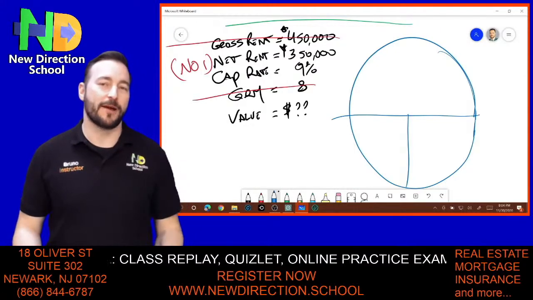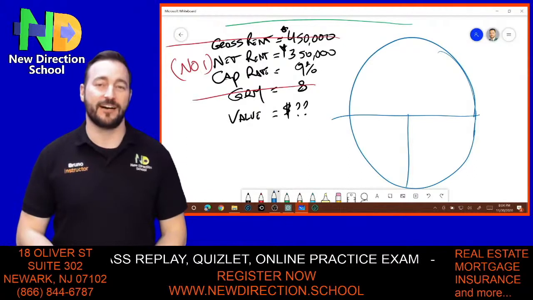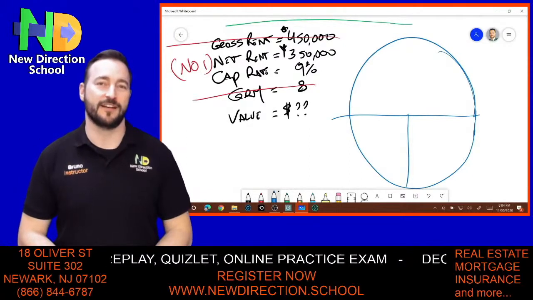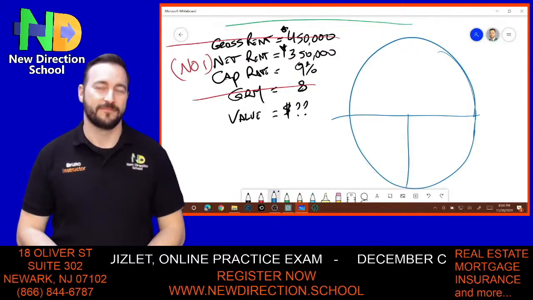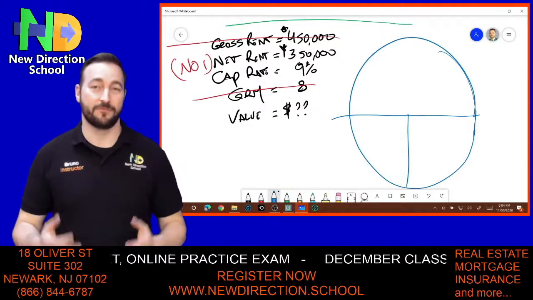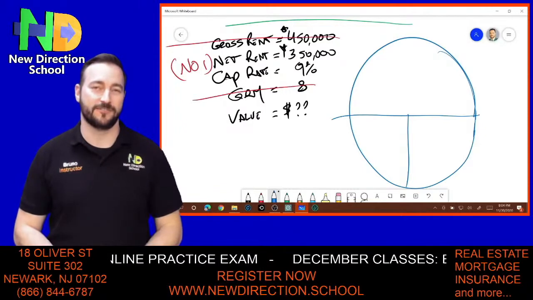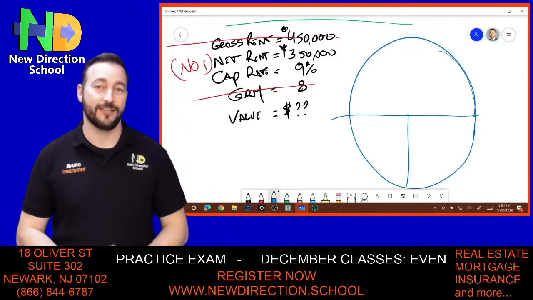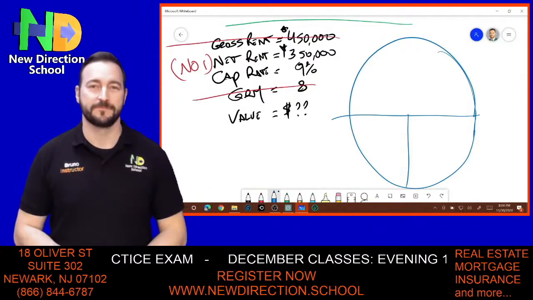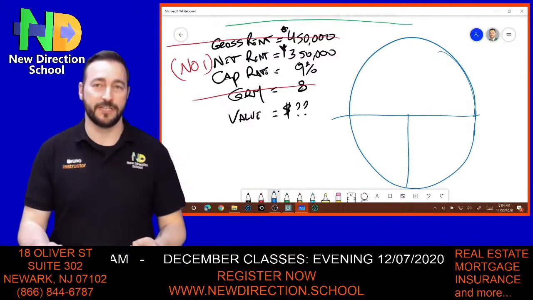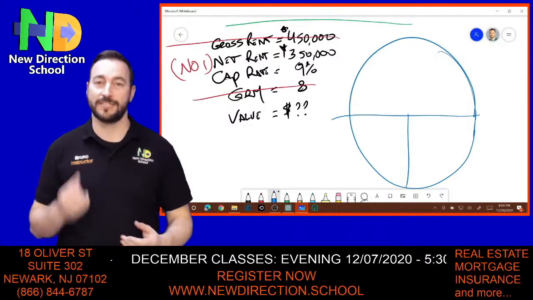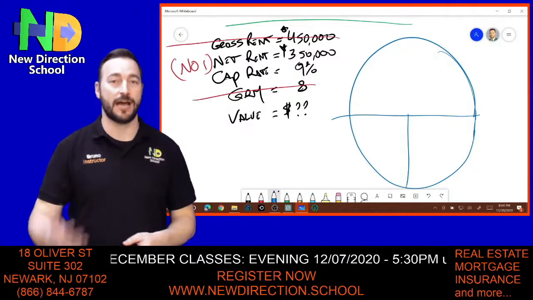Do you think a property that brings $350,000 is worth $31,500? You think a property that brings $350,000 every year is only worth 31? Right? So these are things where logic comes in. You need to look at the question, not just rush to answer, which happens a lot.